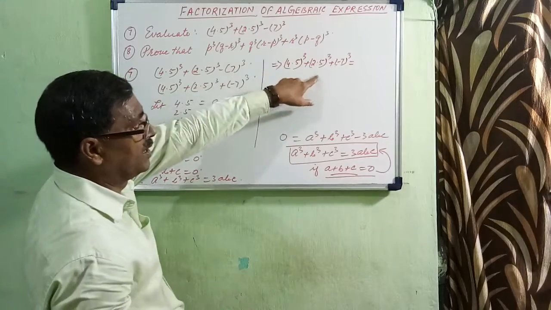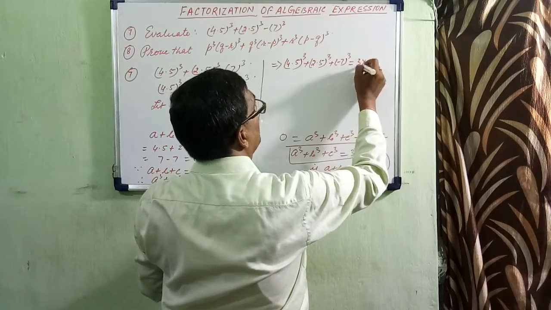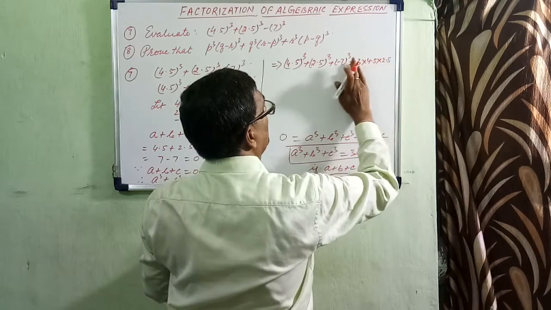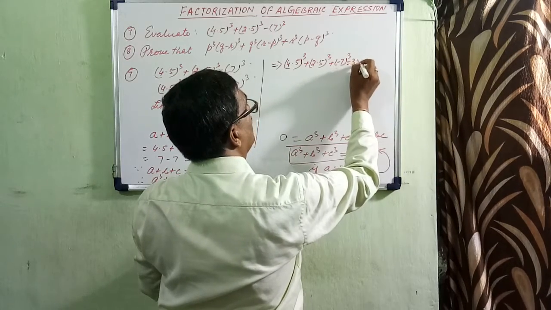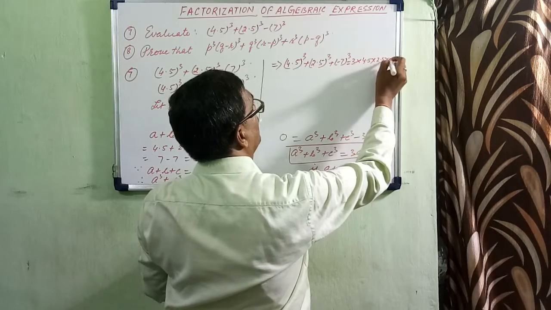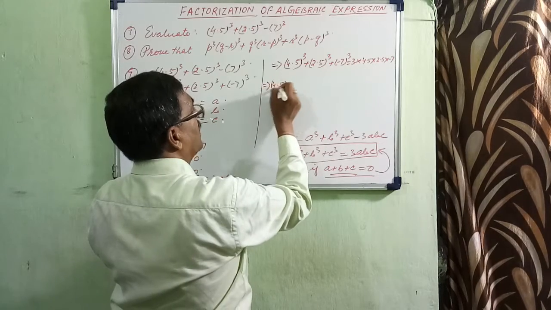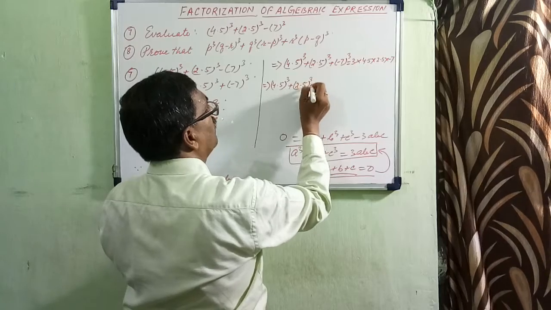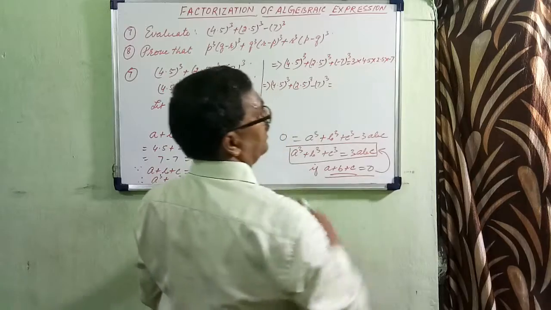Your result will be 3 into 4.5 into 2.5 into minus 7. And then you can say 4.5 whole cube plus 2.5 whole cube minus 7 whole cube is equal to, you multiply, that's all.